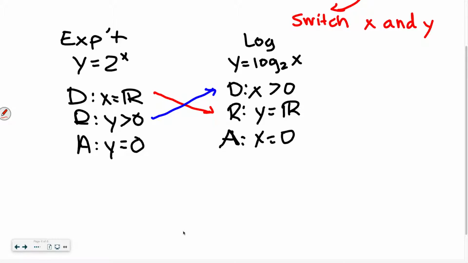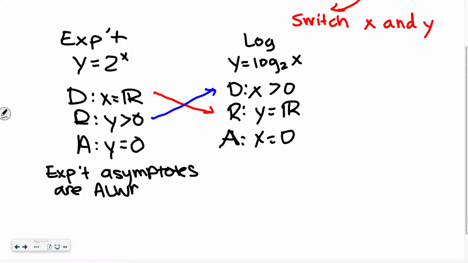So exponentials' asymptotes are always vertical. I mean horizontal. Sorry, don't listen to me. Are always horizontal. Y equals some number.